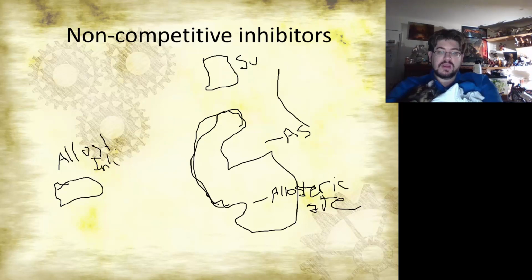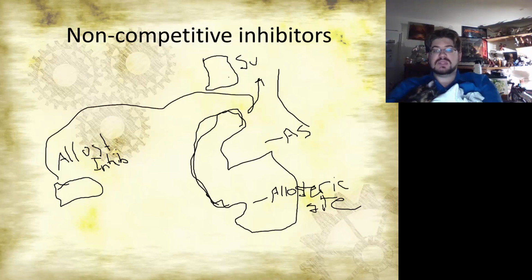Allosteric inhibitor. It can't bind to the active site, right? Nope. Sorry, doesn't fit the active site. Only the substrate fits into the active site. However, our allosteric inhibitor can bind at the allosteric site.